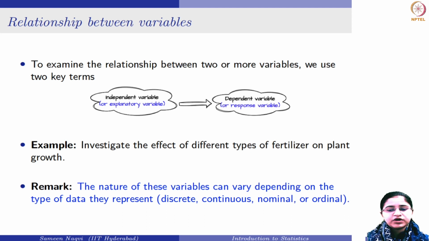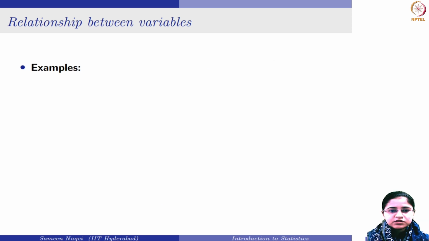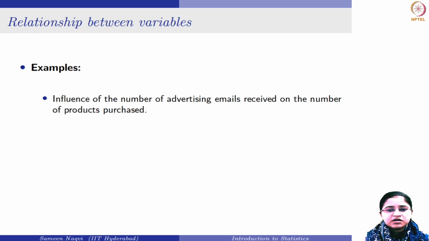In a similar way, you can have different other scenarios where the independent variable can be of any of these types or maybe a combination of these, whereas your dependent variable can also be of the same nature. For instance, a company can send different advertising emails to its customers, and the company is now interested to see the impact of the number of advertising emails a person receives on the number of products they are going to purchase.